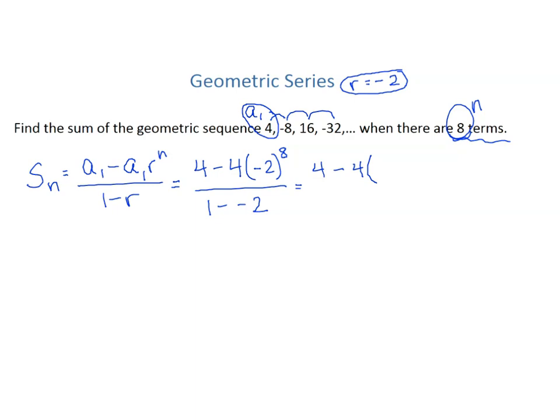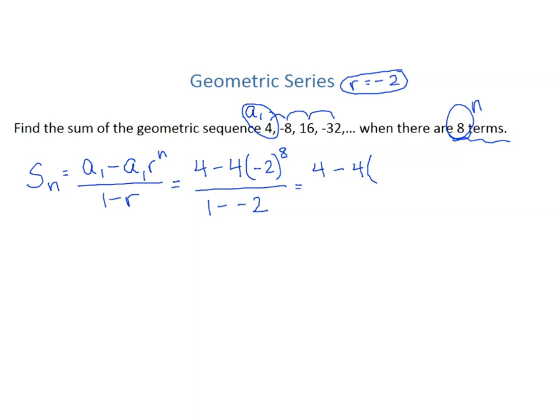So if my exponent is an even number, remember every time I multiply two negatives I get a positive. Since I'm raising this to the 8th power, it's going to be positive. If you are not sure about that when you're doing these types of problems, you can always do it in your calculator, but beware.